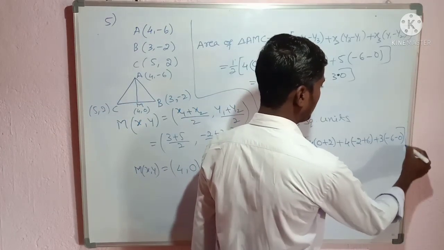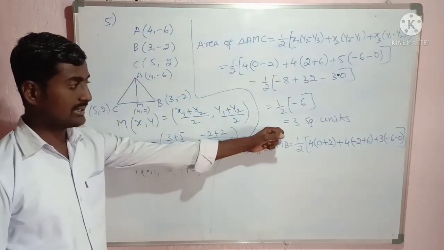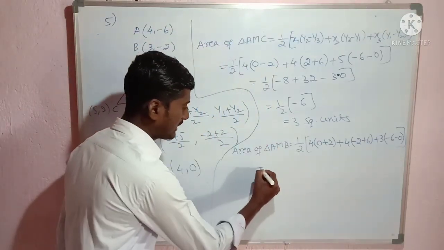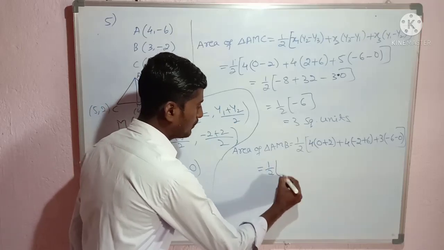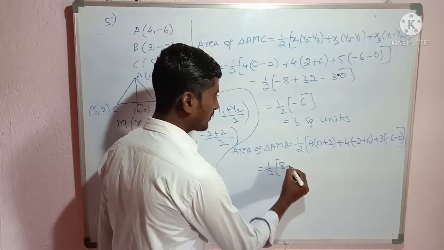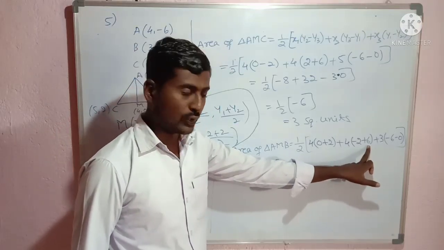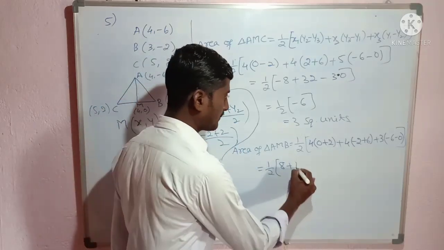Am I right? Okay. So now we shall simplify this. I should get the answer as 3. So that is equal to 1 by 2 into 0 plus 2, 2 4s are 8, plus minus 2 plus 4 it is plus 4, 4 4s are 16.